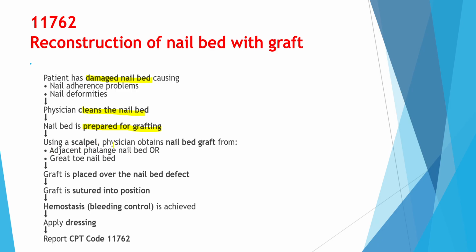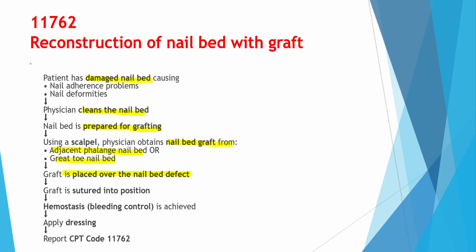With the help of a scalpel, the physician will obtain the nail bed graft, either from an adjacent phalanx nail bed or the great toe nail bed. The graft is placed over the nail bed wherever the defect is.